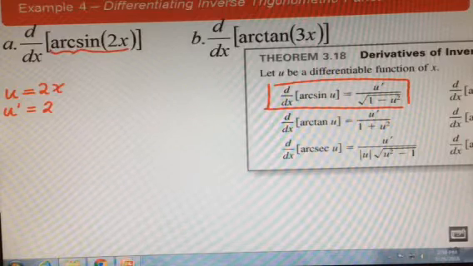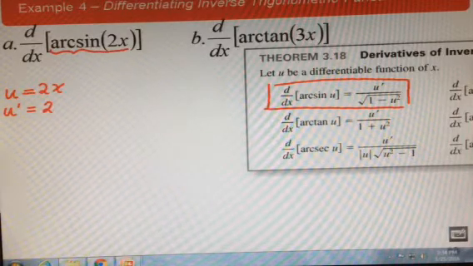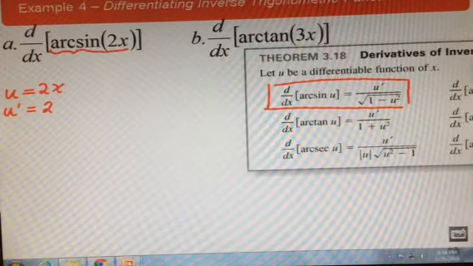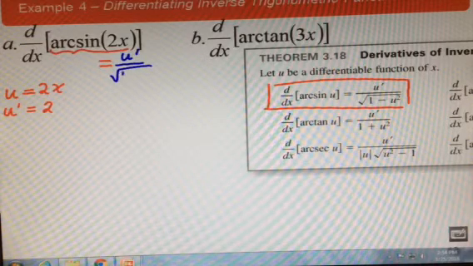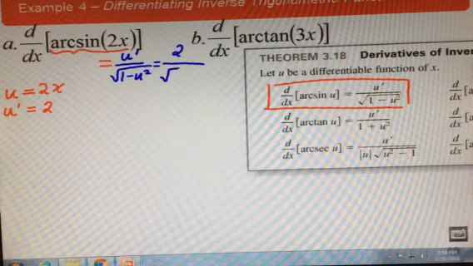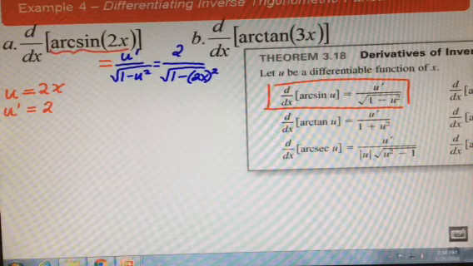So to find the derivative of that, the derivative would be u prime over square root of 1 minus u squared. That becomes 2 over square root of 1 minus 2x squared.